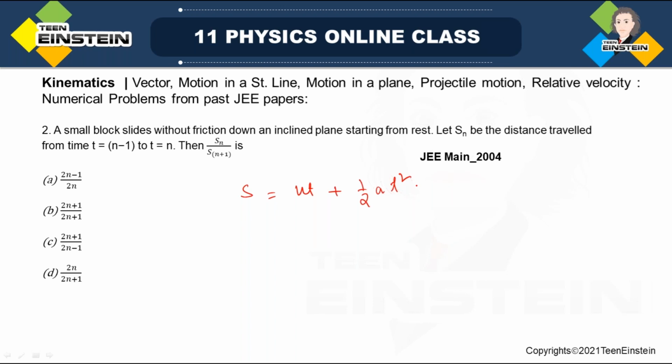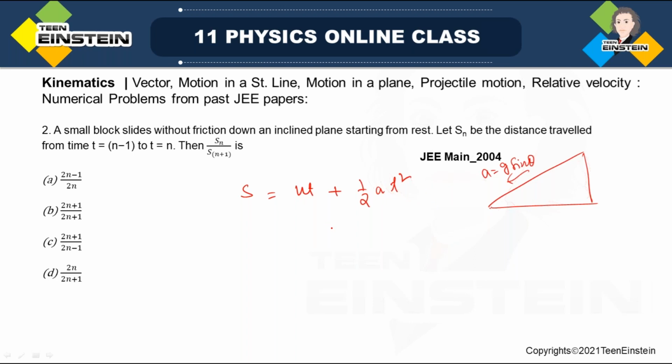After any time, if you want to know the distance traveled or displacement of the object, then this is the formula where a is the acceleration. By saying inclined plane, they mean the acceleration a is g sine theta. But we don't bother about it because they have asked for the ratio, whatever it may be, that will be taken care of.